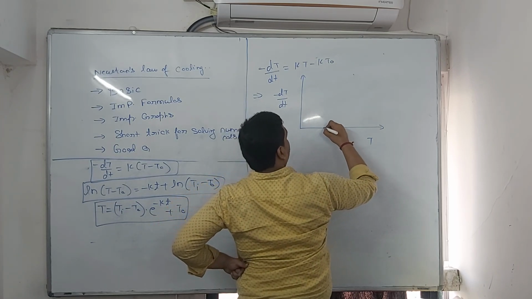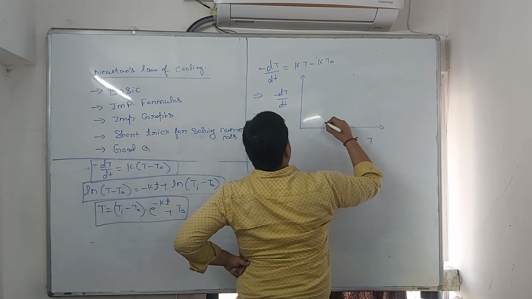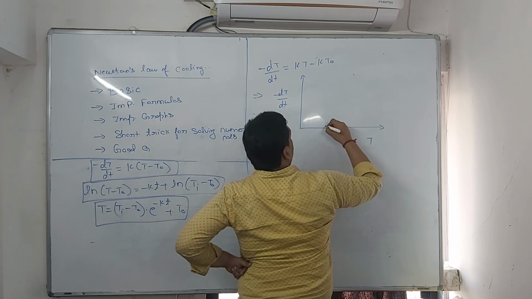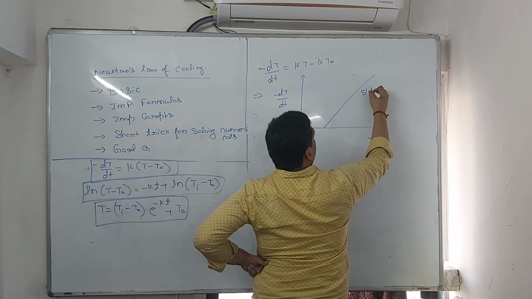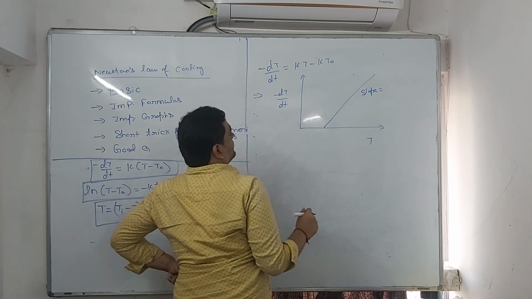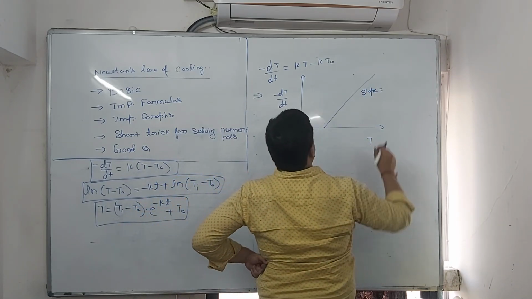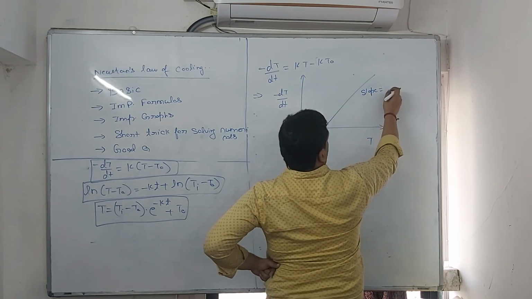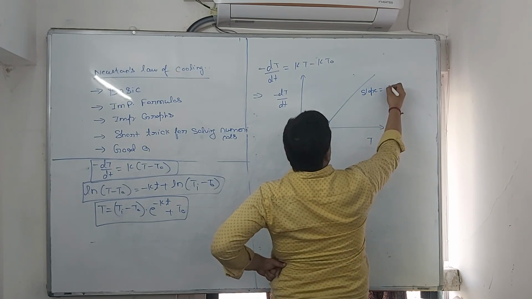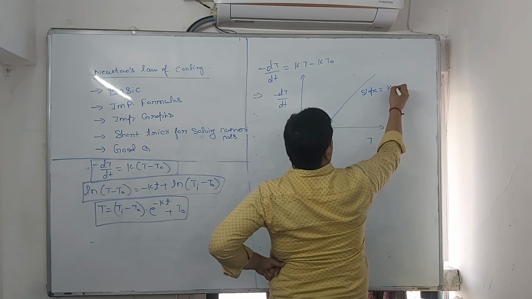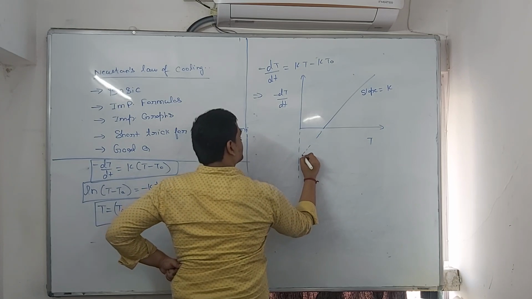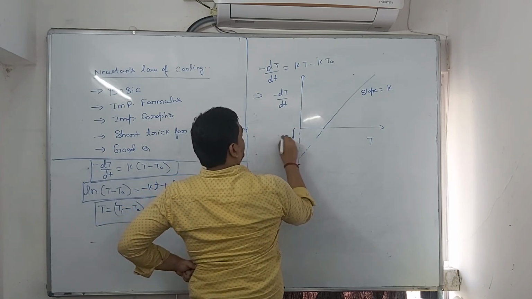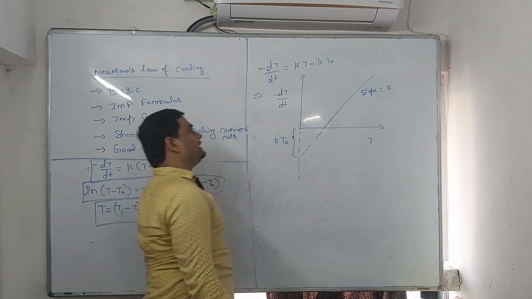It will be something like this, a straight line graph, and the slope will be k, and this one will be the y-intercept, kT naught, the length.